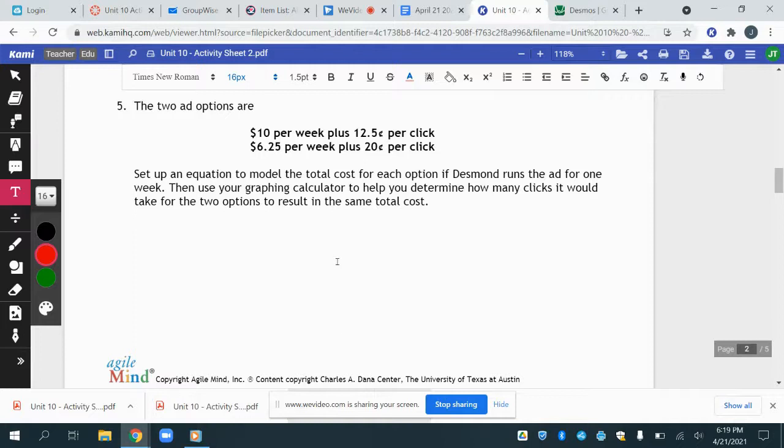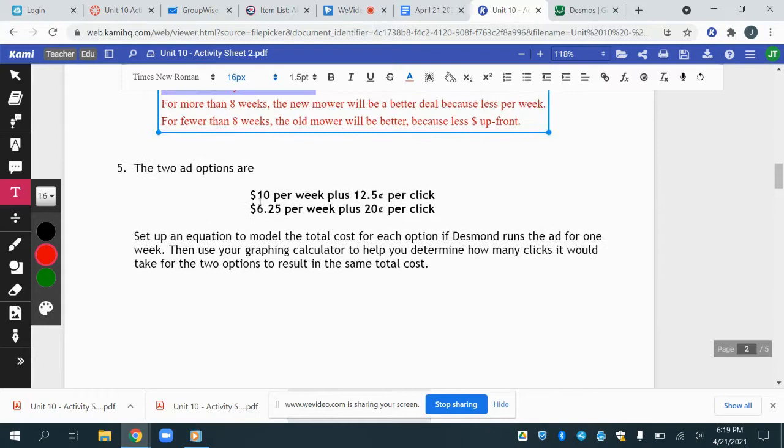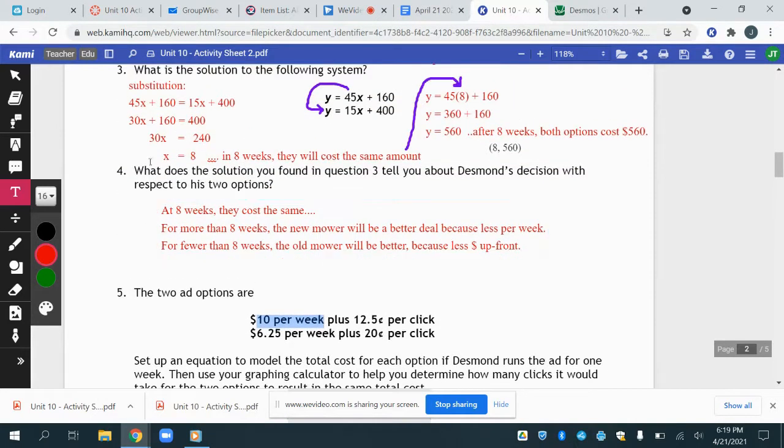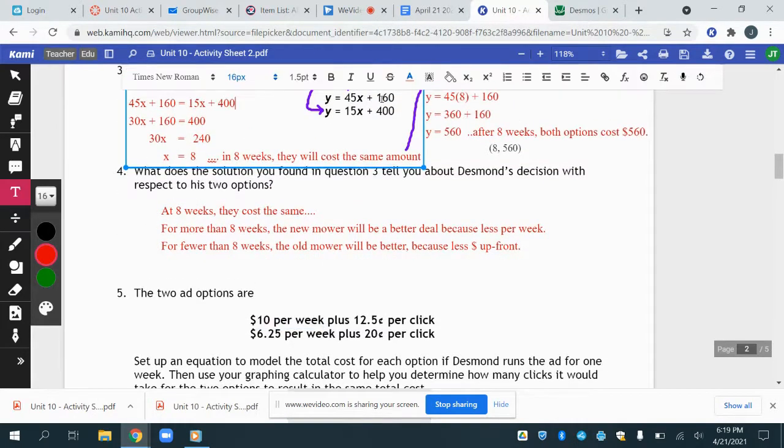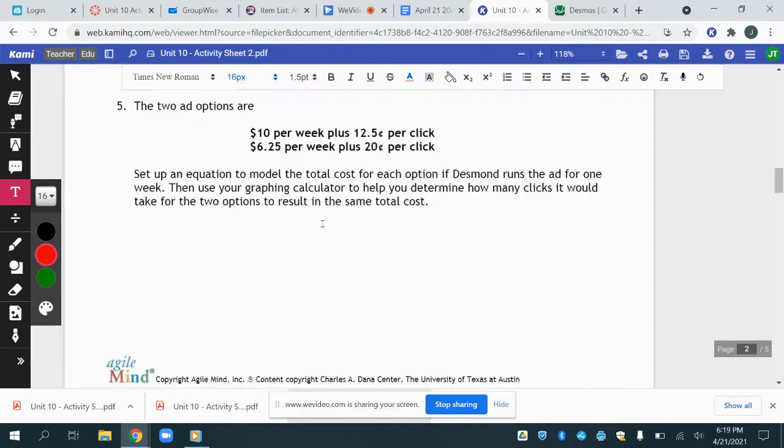Okay, so, all right. This one's a little more complicated because now we have two things that are changing. Last time it was one thing that's changing and then something that's not. So here we're going to have $10 per week plus 12.5 cents per click.